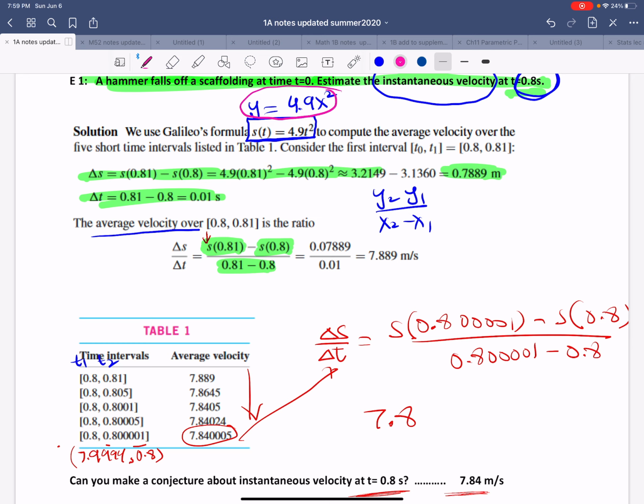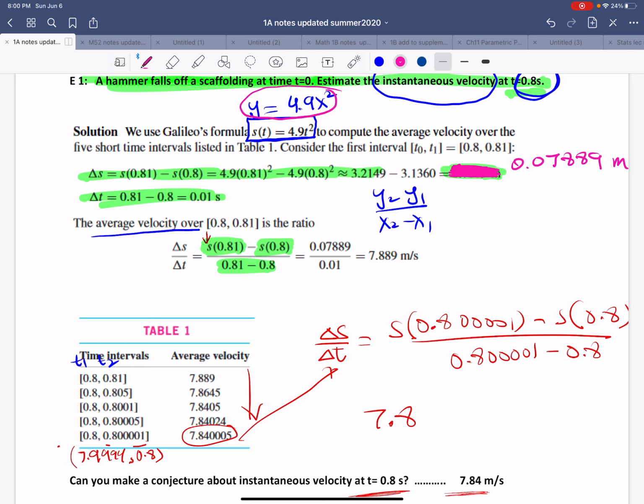It's 0.07889 divided by 0.01. There is a typo here, there is going to be a 0. So this is going to be 0.07889. Please ignore that typo. And that's going to be in meters.